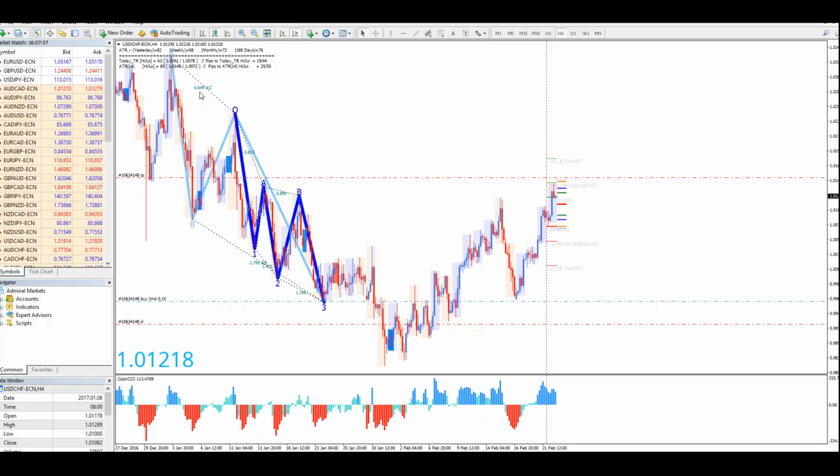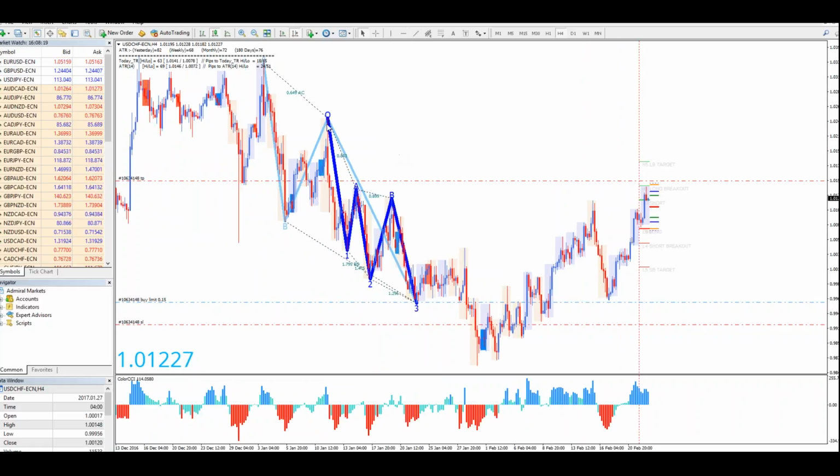You want to see this very close to 61.8 or higher, and the ratio between these should be 1.272 or higher. Here we actually had some corrections. This was just a correction in the downtrend, not that bad for some 60-70 pips. But now, guys, the price is dropping, and this looks like some sort of higher correction.